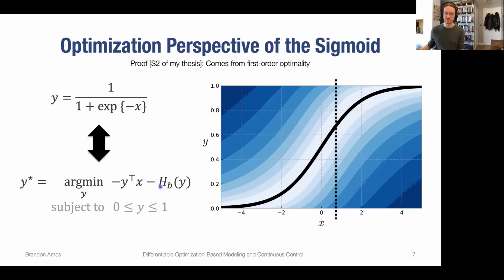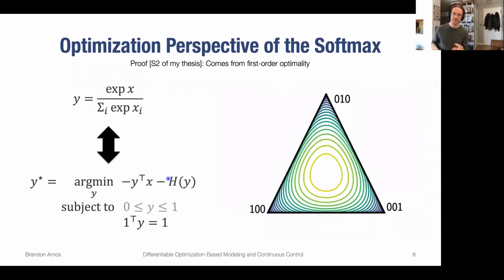And you can check that from essentially just differentiating this objective. The constraints aren't as important because you already have the entropy term here. And lastly, you can also do the same thing for the Softmax, where the Softmax is also just doing an entropy penalized projection onto the simplex.